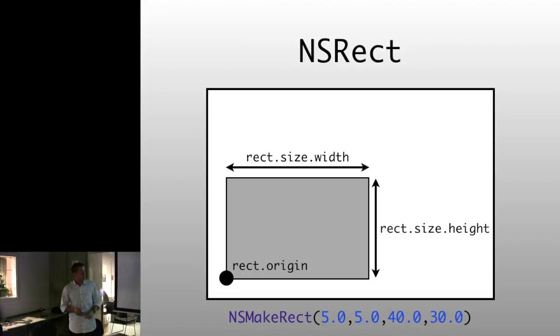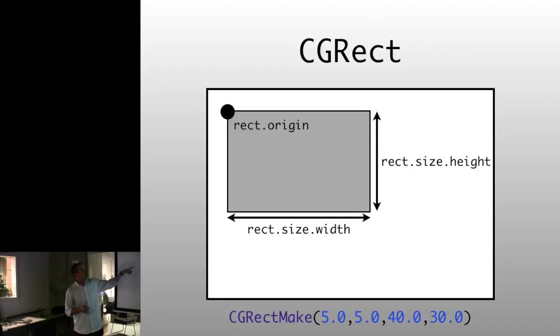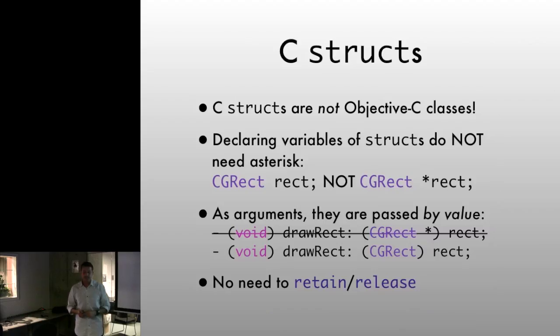CGRects, on the other hand, have the origin in the upper left, still positive X for the width on the right, but it's down for positive height on the y-axis.